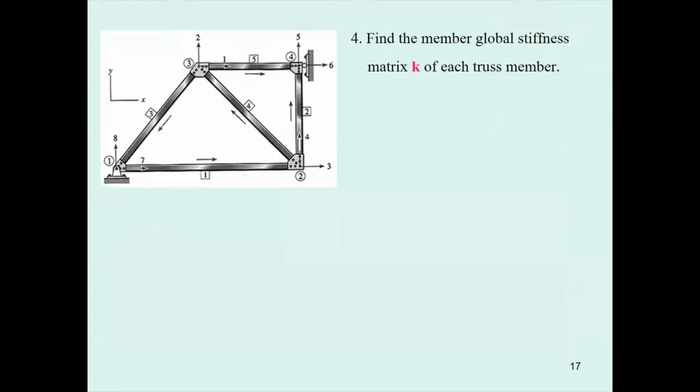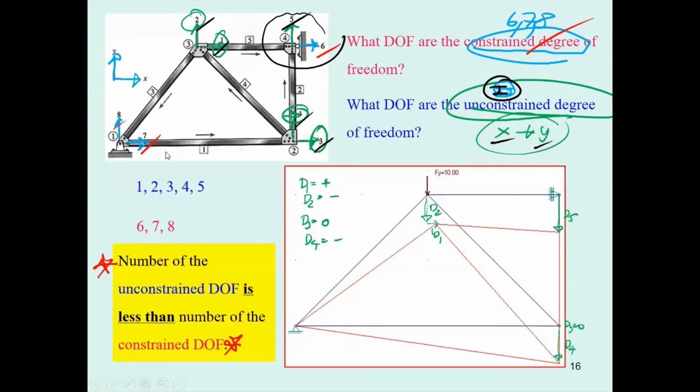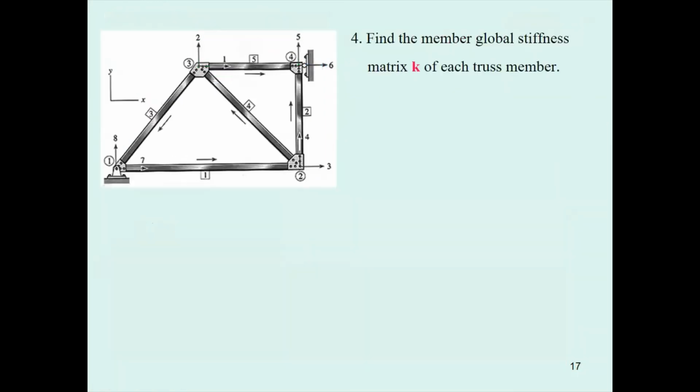Okay, and then we go a little further after this. After we know the degrees of freedom, we can determine the Q sub K, and we can determine the D sub K. Okay, we will have the matrix in the form like this, and by following this form, you are going to use the stiffness matrix.